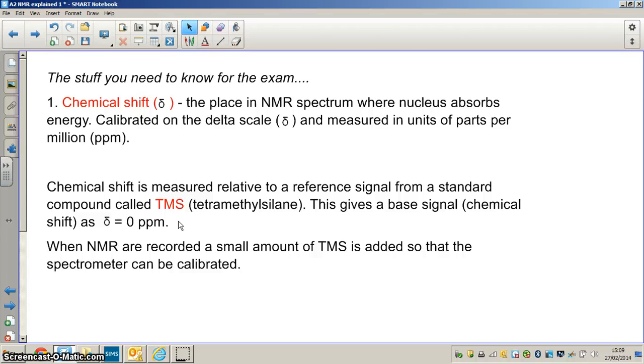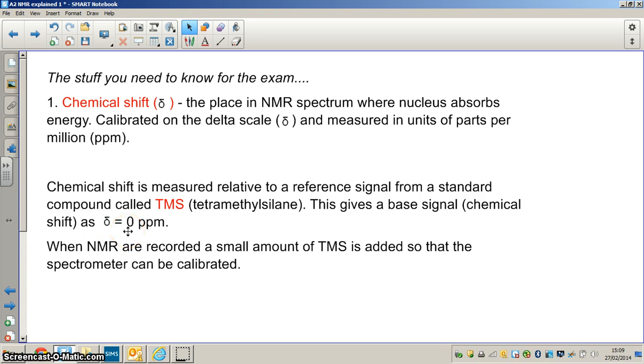And what that does is it gives us a strong base signal which is made to equate to a delta chemical shift of 0, and every other peak that we get is referenced relative to this TMS signal, which is arbitrarily set to delta 0 ppm.